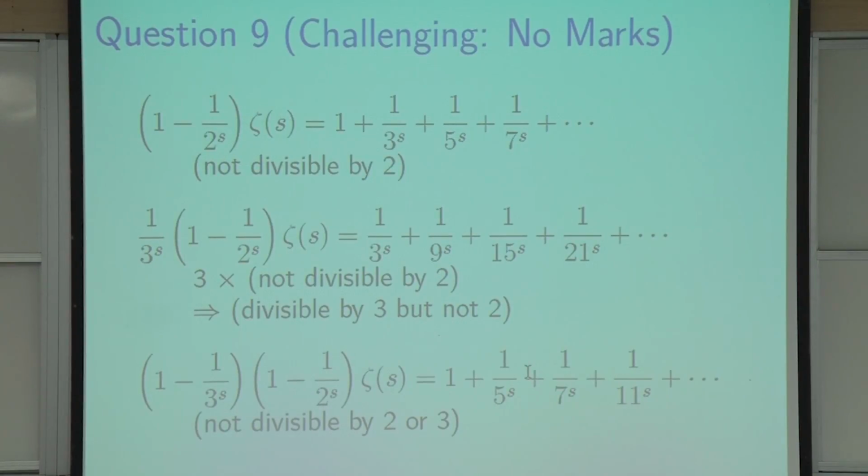Similarly, we can multiply it again by 1 over 3 to the power s. Then we get 3, 9, 15, 21, which is all the numbers divisible by 3 but not divisible by 2. And then we use this minus this to get all the numbers that are not divisible by 2 or 3.